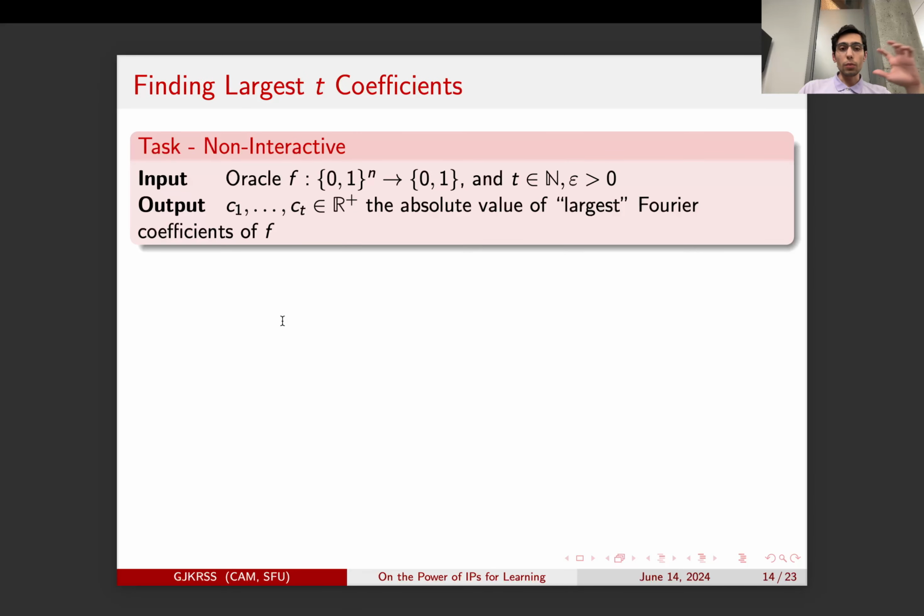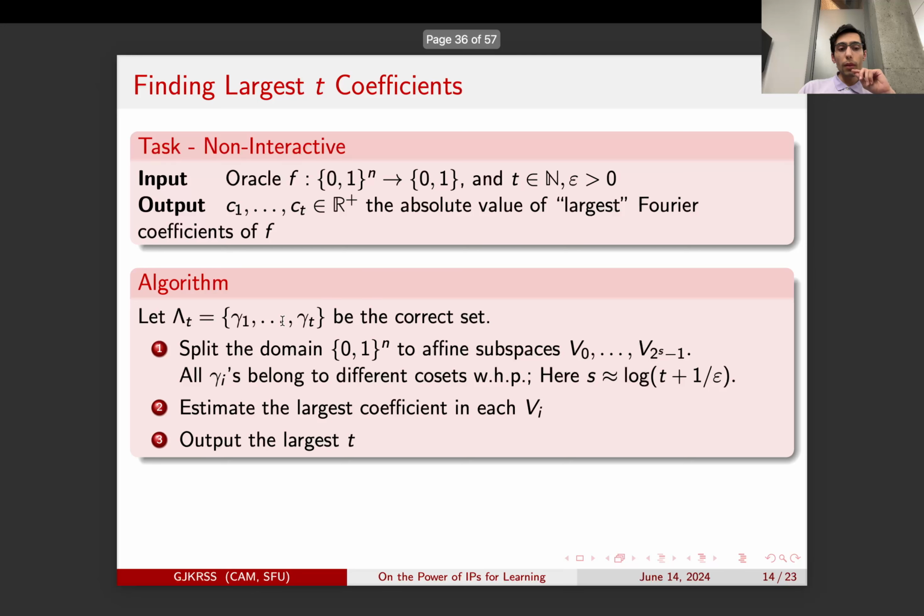So how does this algorithm work? Let's say this Lambda_t, which contains gamma_1 up to gamma_t, is the correct set. That is, gamma_1 up to gamma_t are the top t coefficients of f.